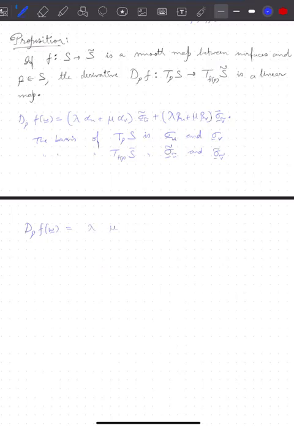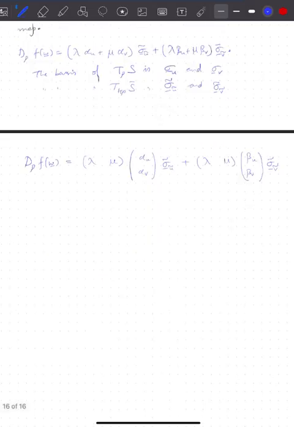Say we have lambda, mu, and then alpha_u, alpha_v, plus lambda, mu, likewise beta_u, beta_v.